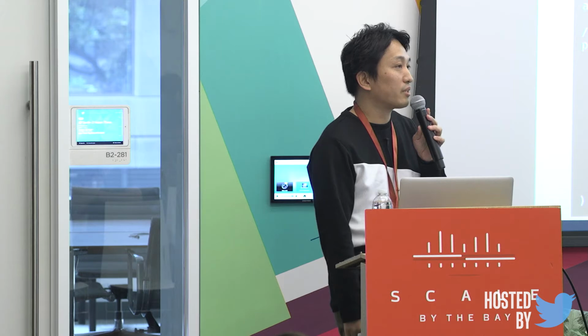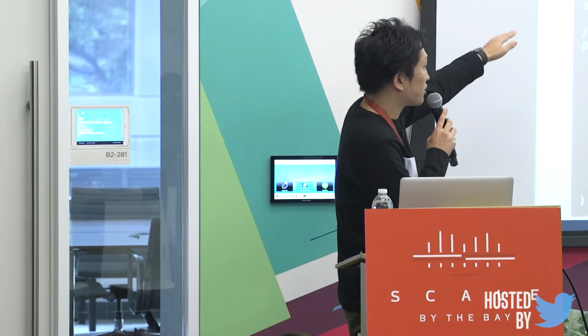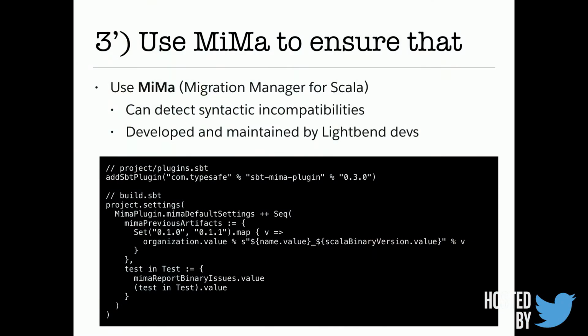MiMa was created and has been maintained by Lightbend developers. I have been using MiMa for years, and MiMa is very stable and very powerful to detect issues. And this is a very simple example of how to set up MiMa in your sbt project. So you just add the sbt plugin. After that, you define the setting. This is a very essential part. You need to define which version or which artifact should be compared.